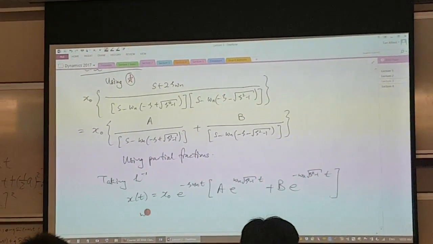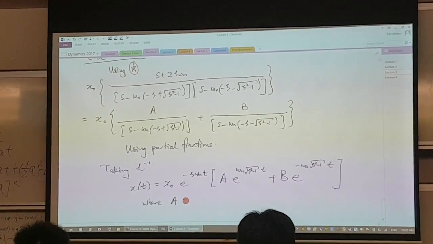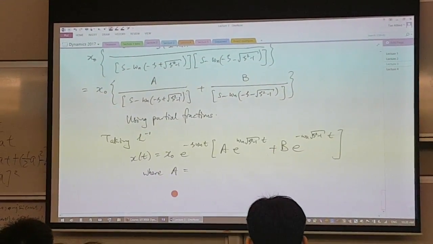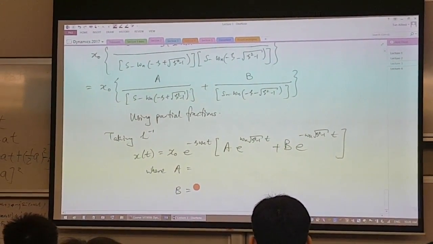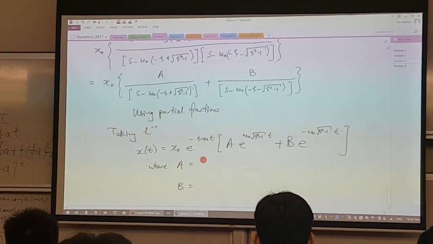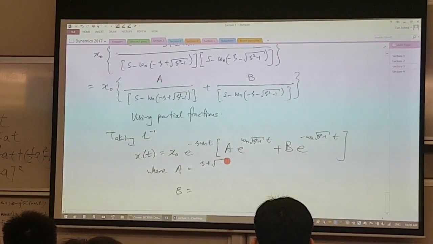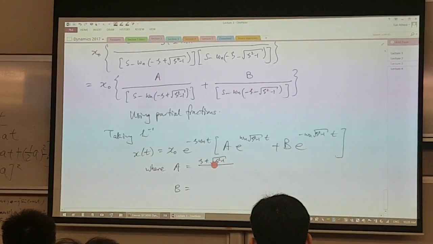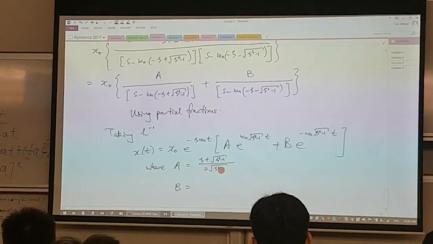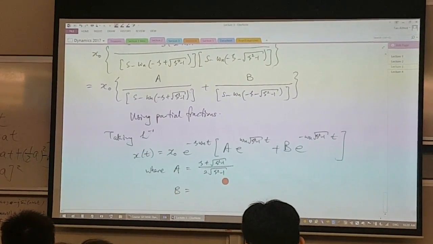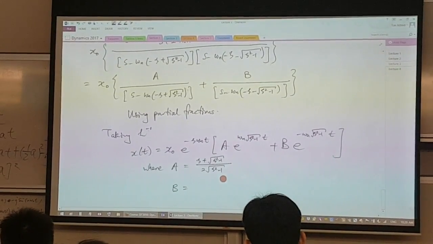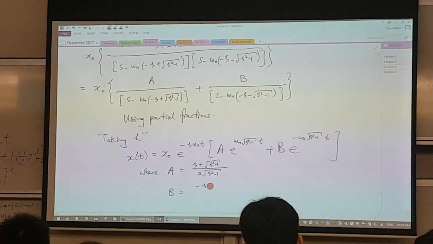where your A and B would have the following form. It will be in this form, 2 zeta square root zeta square minus 1, and B would have this form.